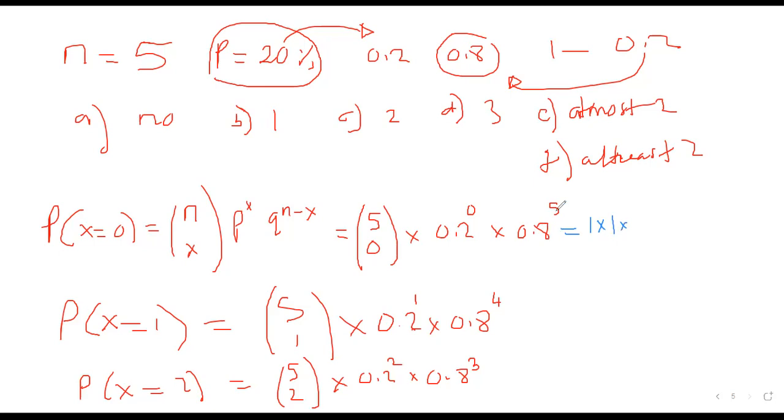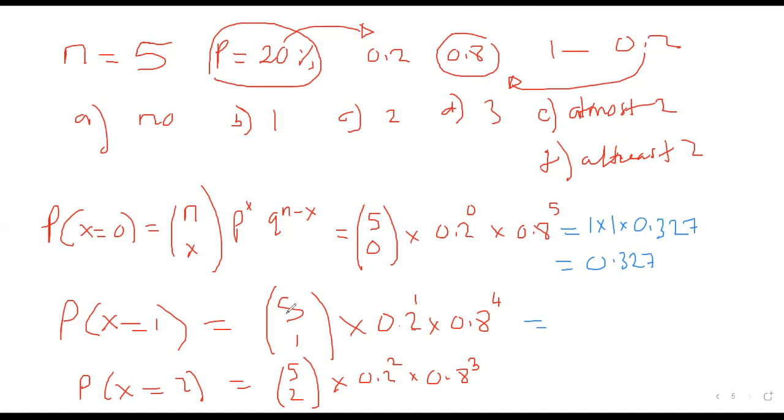What is 0.8 to the power 5? 0.32, 0.327. So the final answer will be 0.327.